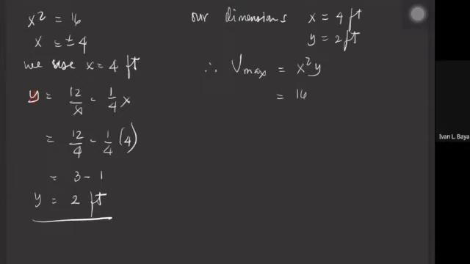So we have 16 because our x is 4, times 2. That gives us 32 cubic feet, right? So that is the answer to this problem.